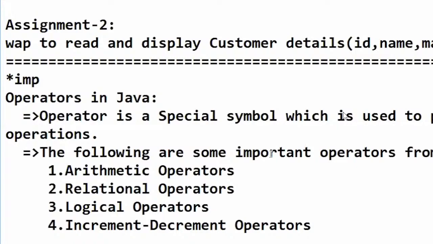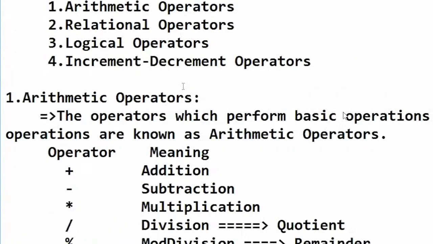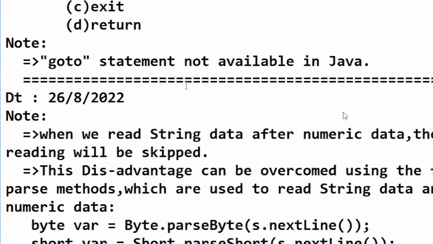It leaves that character in the buffer, which is going to skip your string reading. To overcome that, I asked you to remember some methods. They are nothing but parse methods.